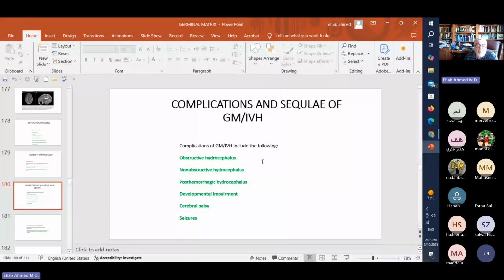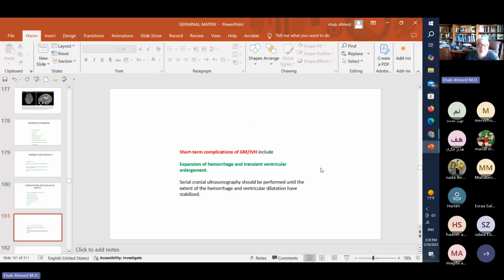The long-term sequelae, because of white matter injury and parenchymal injury, are developmental impairment, cerebral palsy, and seizures. These are very, very important long-term sequelae. Short-term complications include expansion of hemorrhage and transient ventricular expansion.